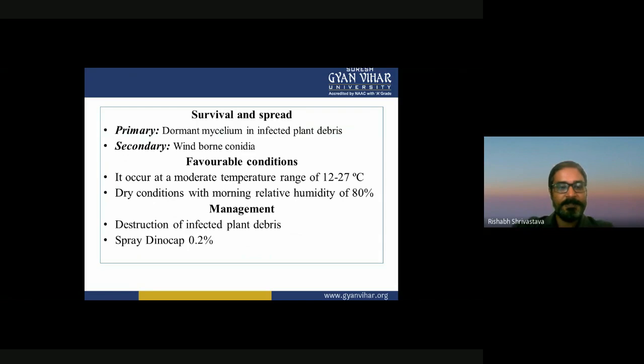Favorable conditions: it occurs at a moderate temperature range of 12 to 27 degrees Celsius, with dry conditions and morning relative humidity of 80%. Management: destruction of infected plant debris, spraying of Dinocap at 0.2%.